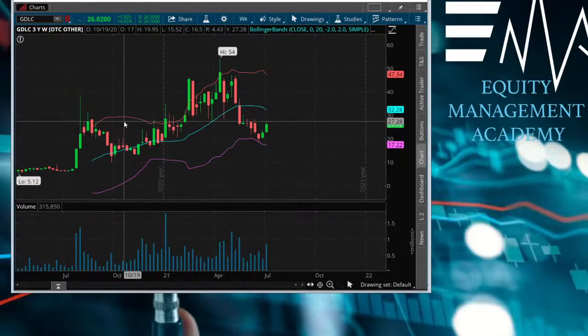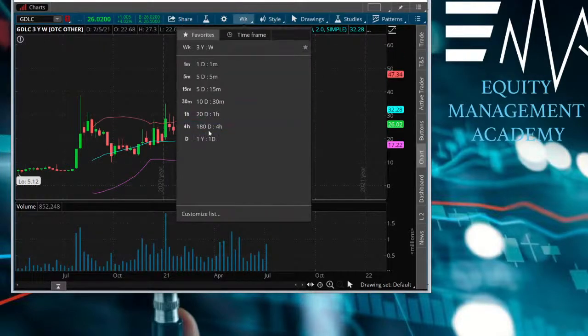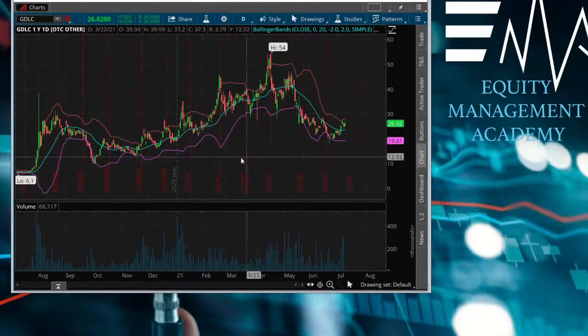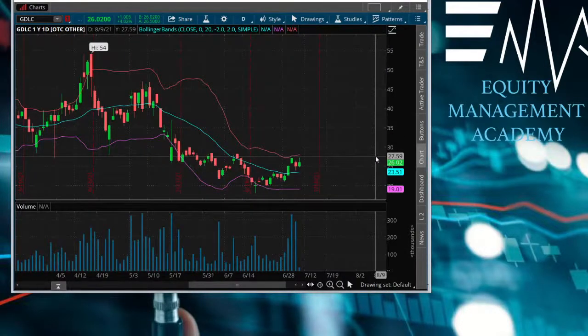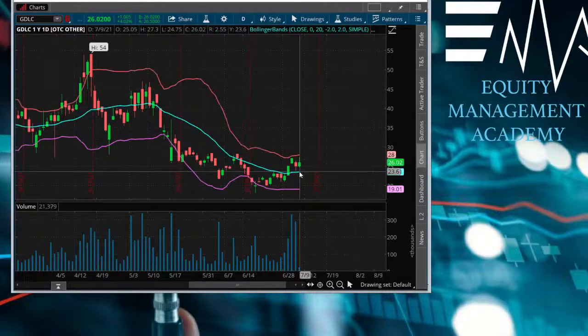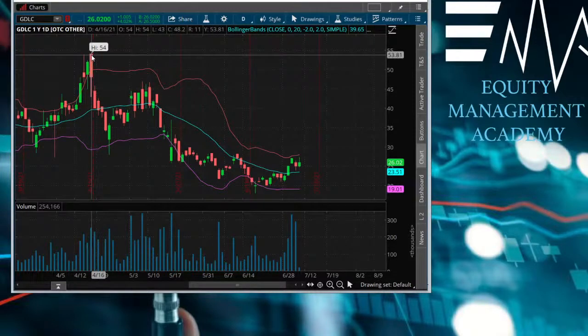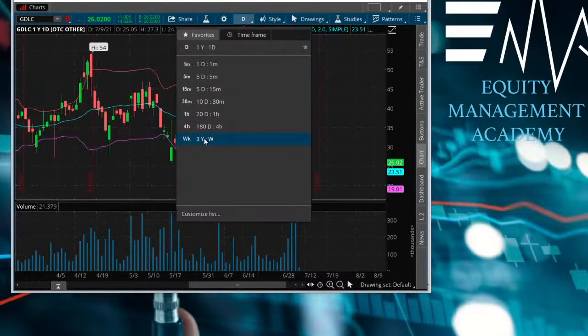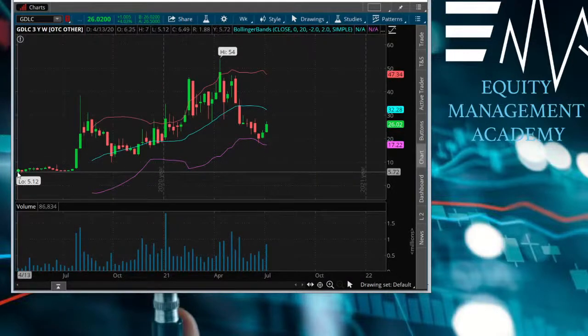So once we identify the asset, then obviously we look into the data, and I begin to do my calculations. I begin to look at the daily chart first and see pretty much what it's doing. We can see that we've made a high here recently of 54. If I open it up a little bit into the weekly, I see that the low was made on April 13 at 5.12.